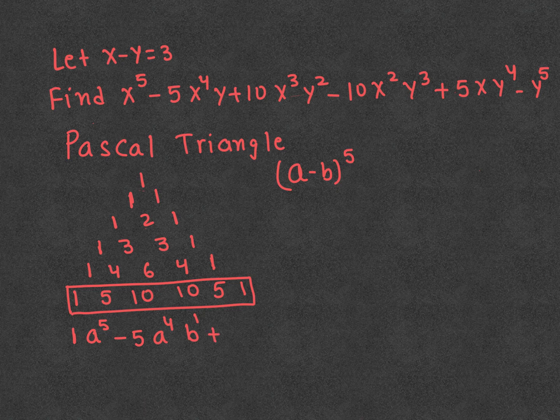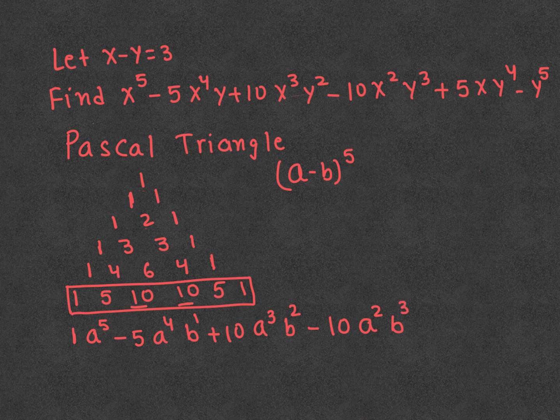Our next coefficient is 10, so for 10 we decrease the power of a, and here it should be a to the power 3, and then b to the power 2. Now here we have even b, so we are going to keep the positive sign. Again we're going to use 10, a to the power 2, and b should now be 3.